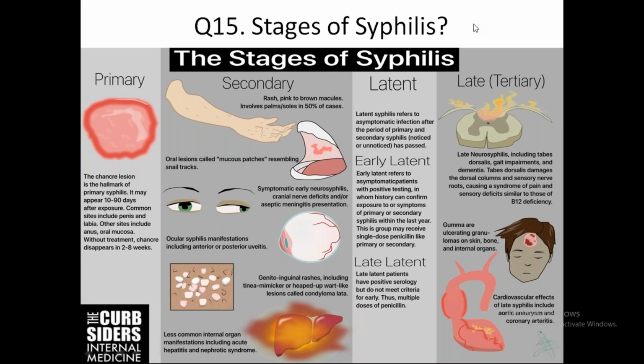Oral lesions may be present. Sometimes symptomatic early neurosyphilis, cranial nerve defects, and ocular disease can be present. Latent refers to asymptomatic infection after the period of primary and secondary syphilis. After a latent period, it goes to the tertiary stage, which leads to neurosyphilis.